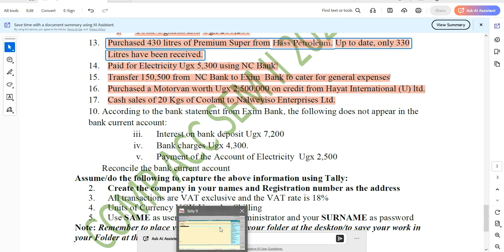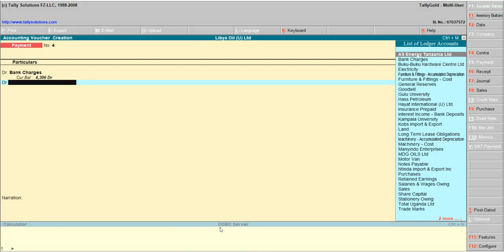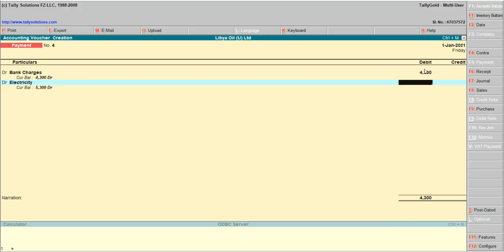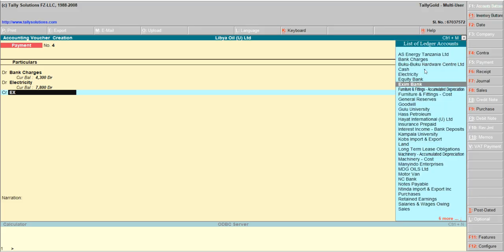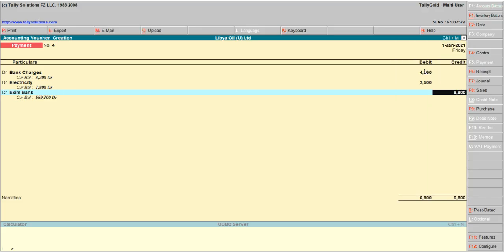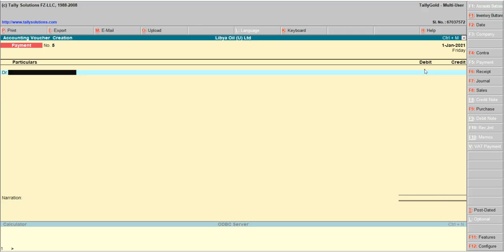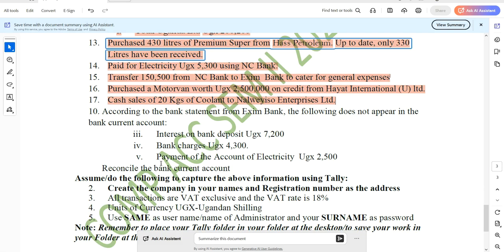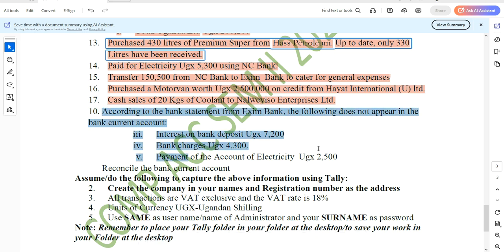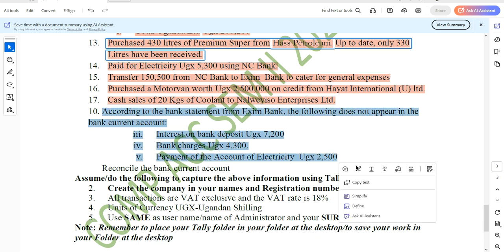So electricity is 500. Then you credit Exim Bank 800. So these ones have also been entered on the bank account now.